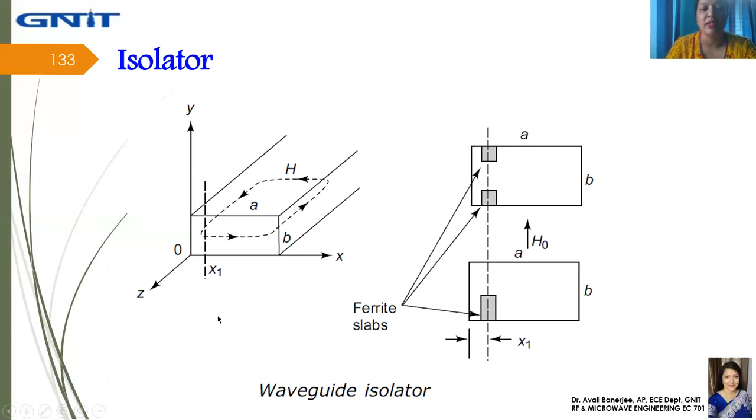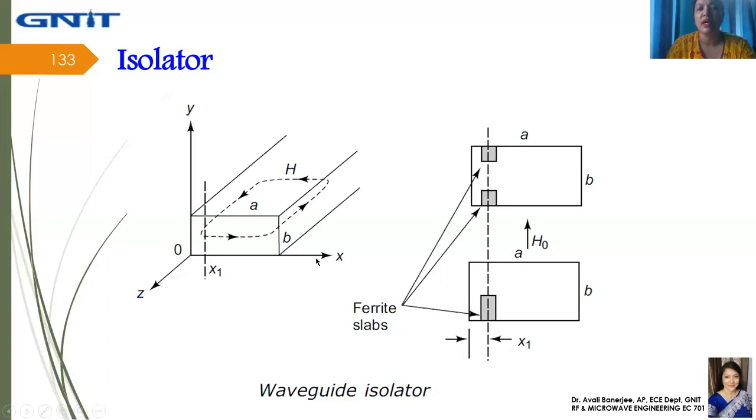An isolator can be constructed in a rectangular waveguide having dimension a cross b. Already we have seen the rectangular waveguide. Here this is the a dimension and this is the b dimension of a rectangular waveguide. Here the operating dominant mode is shown.